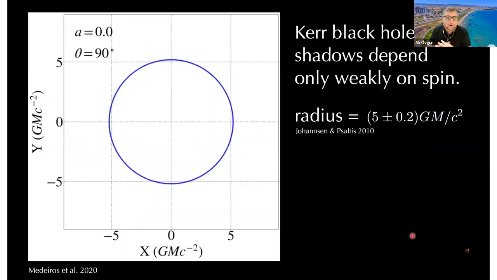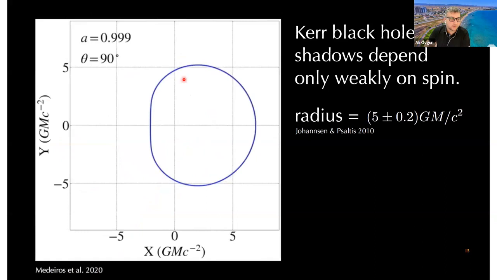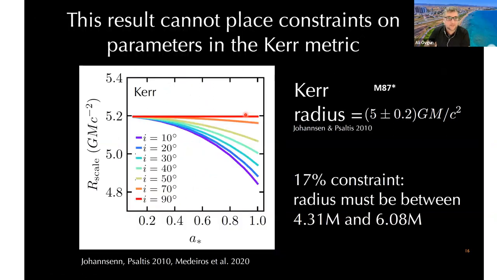But Kerr black hole shadows depend only weakly on the spin. So this is the radius of the black hole shadow. This is a full circle, so there is no rotation, a is equal to 0. If there is a rotation of 0.999, then you can see that you don't have a full circle, but a deformed circle because of the rotation.